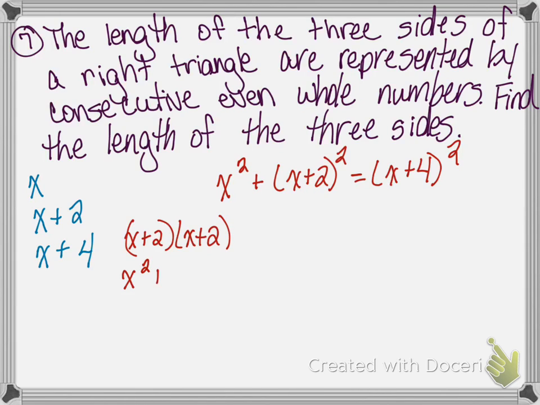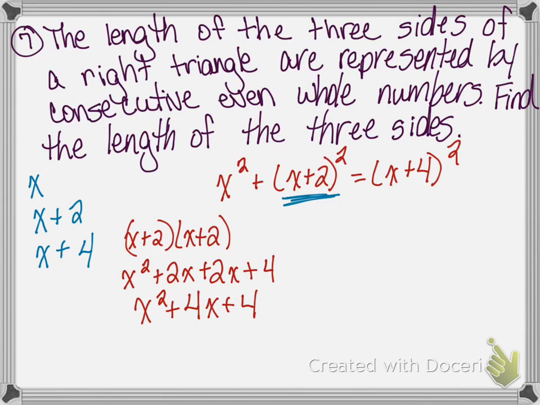X times 2 is 2x. 2 times x is 2x. 2 times 2 is 4. So that would be x squared plus 4x plus 4, and that's what that's going in for. So I'm going to have x squared plus x squared plus 4x plus 4.